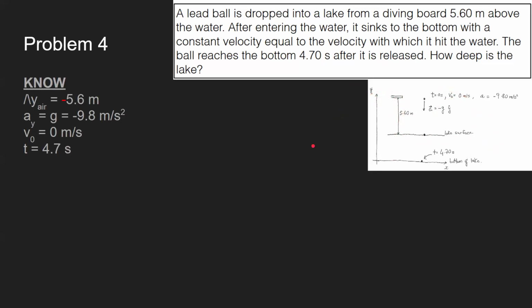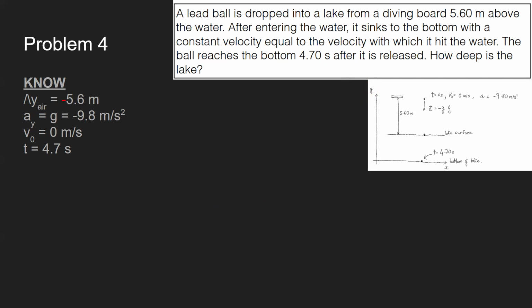And what do we know? We know that the change in distance in the air, which I'll just call delta y air, is negative 5.6 meters. Careful, negative is what it would be because it starts higher, see, y positive is up. So if we're starting higher and then going lower, that's a negative change in y.